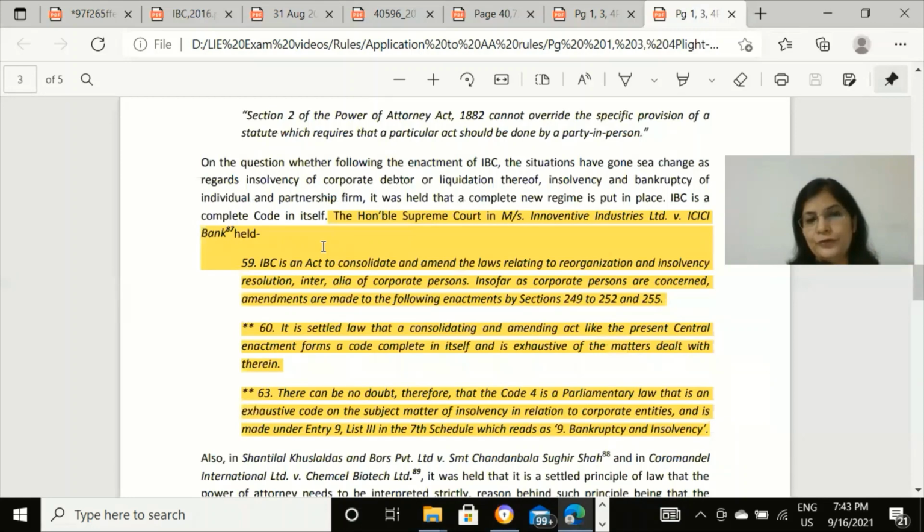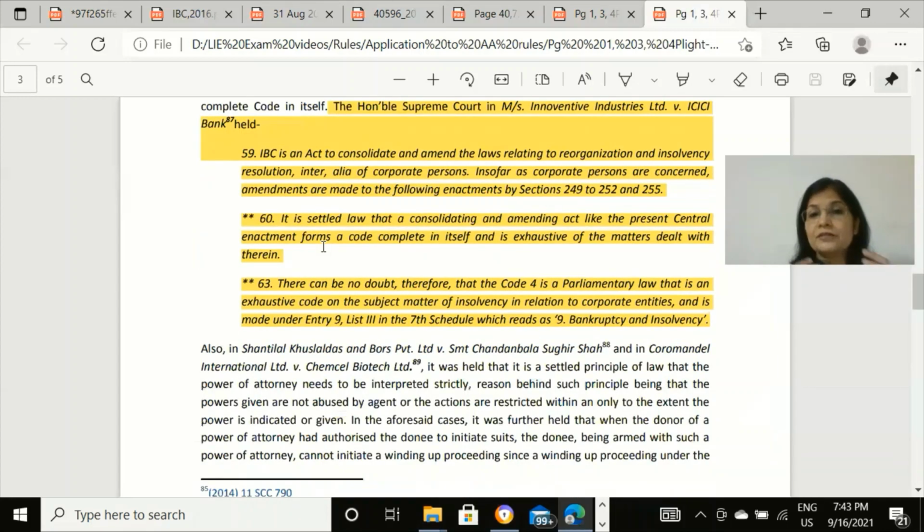And the three beautiful lines of Messrs Innovative Industries: it is an act to consolidate and amend the laws relating to reorganization and insolvency resolution. Insofar as corporate persons are concerned, amendments are made in the enactments of 249 to 252 and 255. It is settled law that it is consolidating and amending. Please remember all these three lines of the judgment of Messrs Innovative Industries Limited, that the IBC is a consolidated act in itself, and it is exhaustive of the matters dealt with herein.